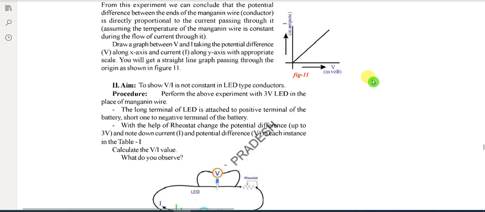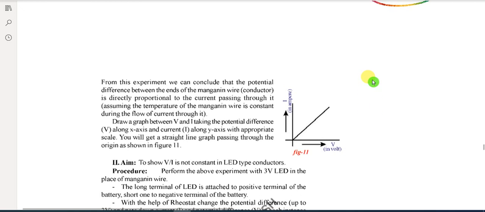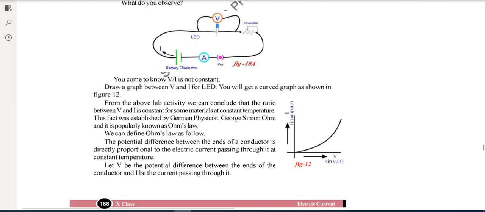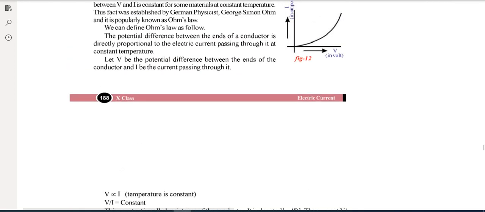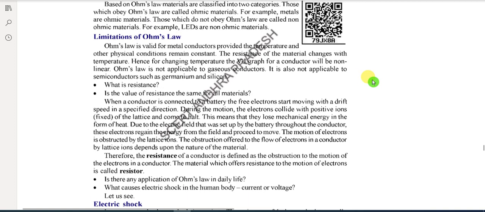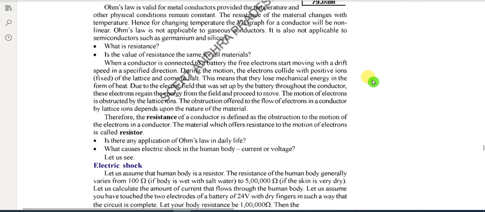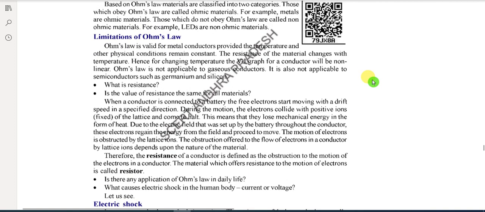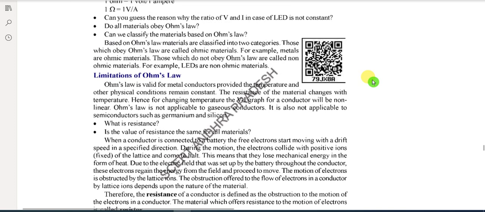Next, here diagrams also; sometimes they ask for a graph, here graph also. And ohmic materials and non-ohmic materials. Yes, materials which obey Ohm's law are called ohmic.